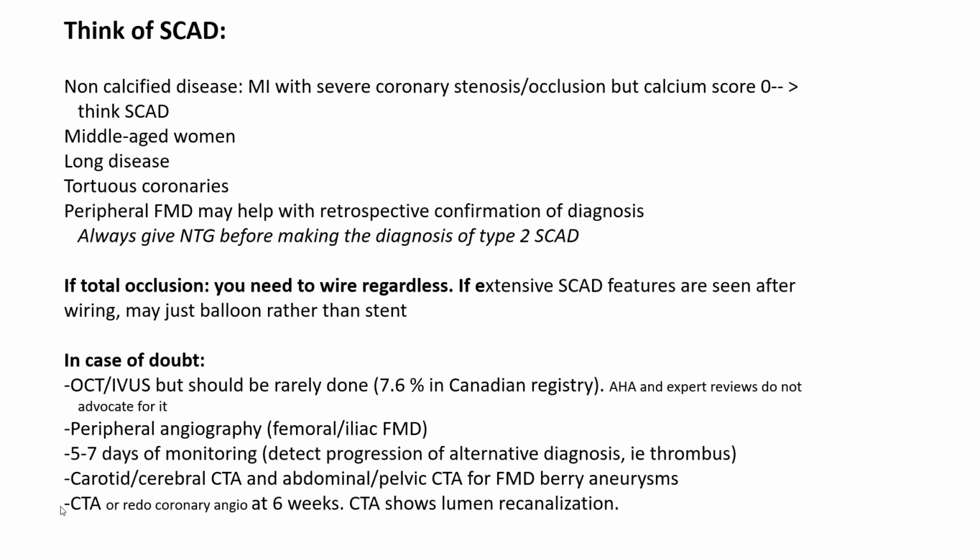Another thing I always do is CTA, or not so much redo coronary angiogram at 6 weeks. Those guidelines and AHA expert reviews favor against redoing coronary angiogram at 6 weeks. They waver about CTA, but that's what I prefer doing.